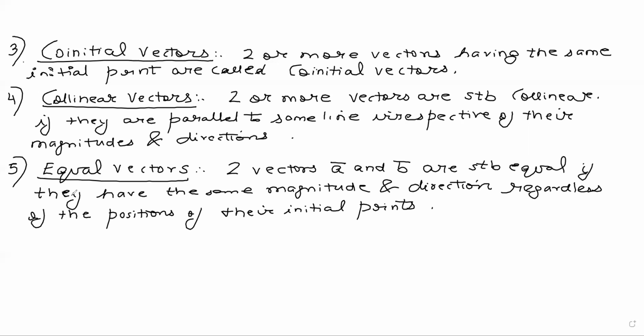When we talk about two vectors being equal, we do not look at where the initial points are starting from. The initial point of both these vectors might be different. What should be the same? Magnitude should be the same, direction should be the same, regardless of where the initial points of these vectors lie.